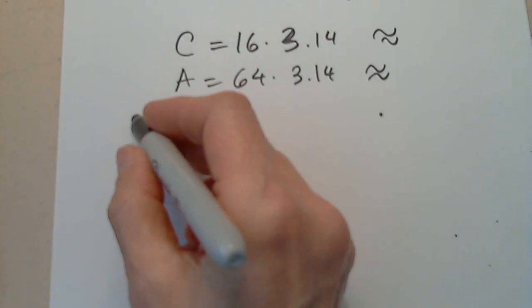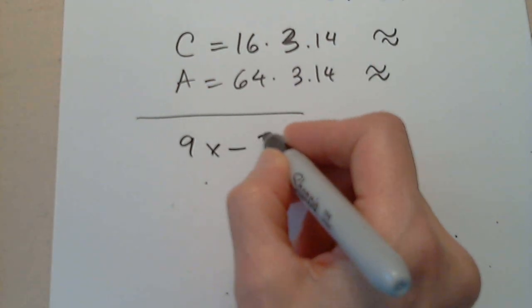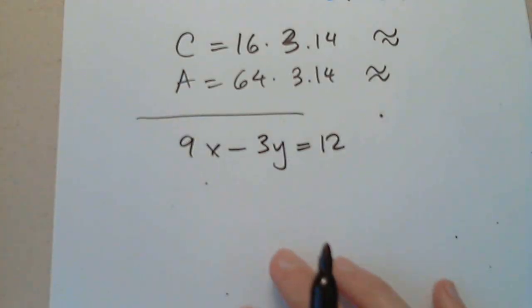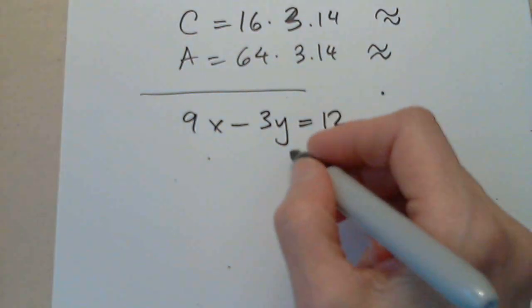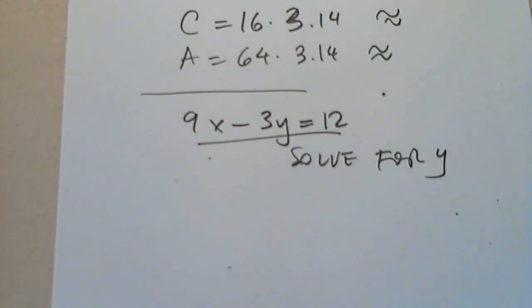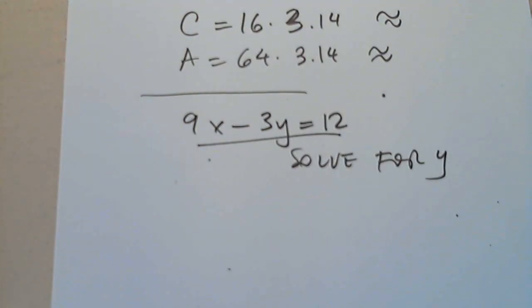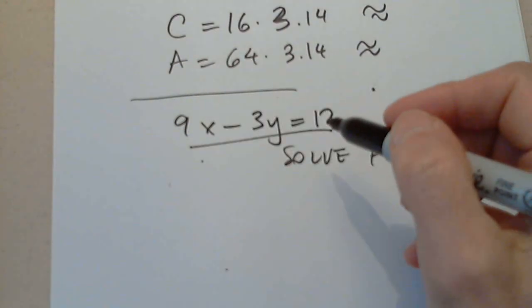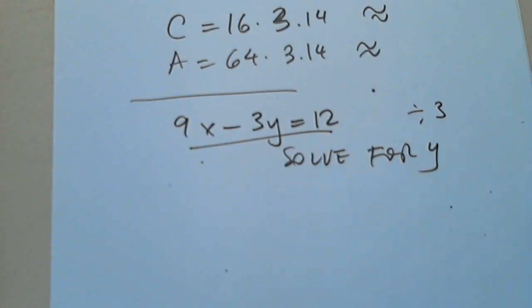Okay, here's another model now. 9x minus 3y equals 12. They're asking us to solve for y. This is what we're going to do a lot in the next module. When I look at this equation, I see that all these have a common factor of 3. Yes, I will simplify.